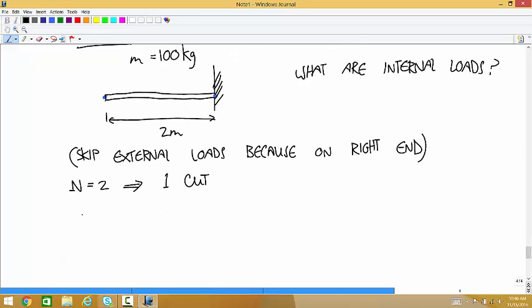Okay, so cut 1 is valid for all x's between 0 and 2.